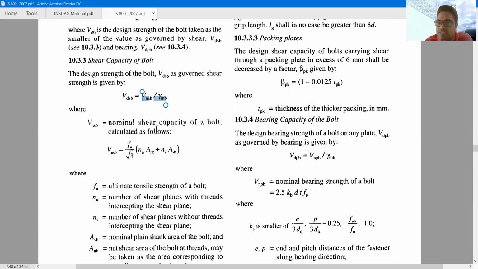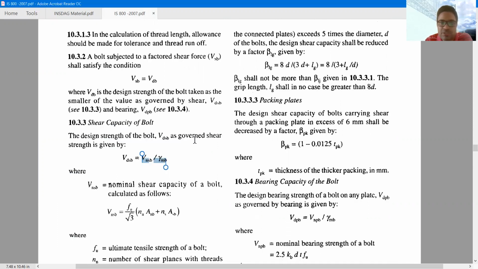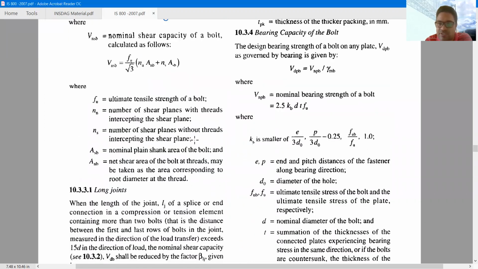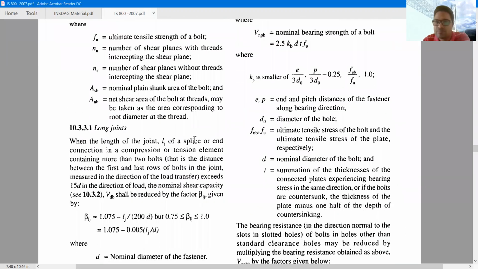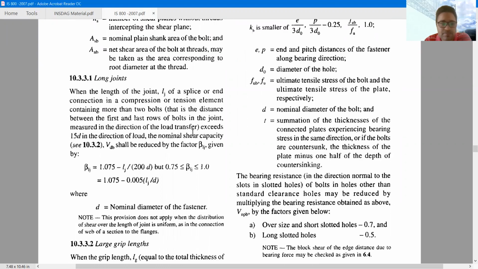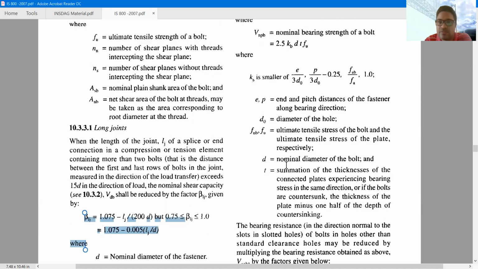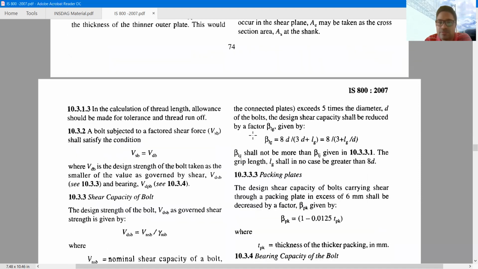As I already explained in the previous part, I am just showing you all the values which are given here, and you can refer to this IS code to solve the problems. BLJ is given here, and for large grip, BLG is given by this.